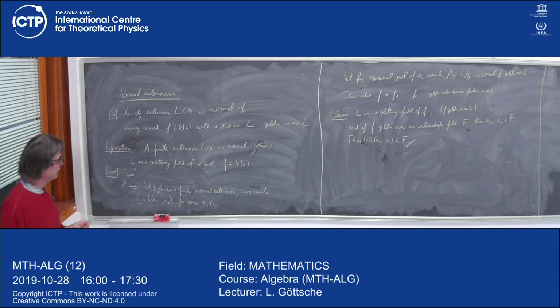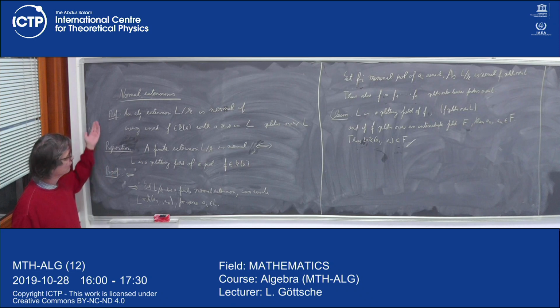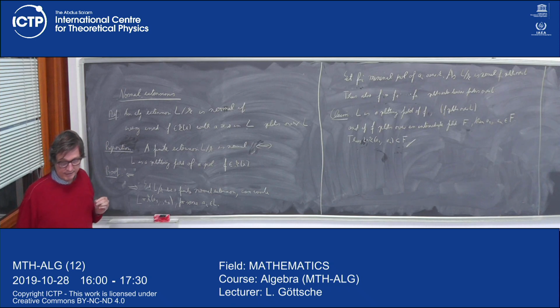Most of the time, to see that an extension is normal, we construct it as a splitting field of some polynomial. But then, when we want to use it to prove some theorems, we usually want to use the other result, that any irreducible polynomial which has a zero in this bigger field has to split.